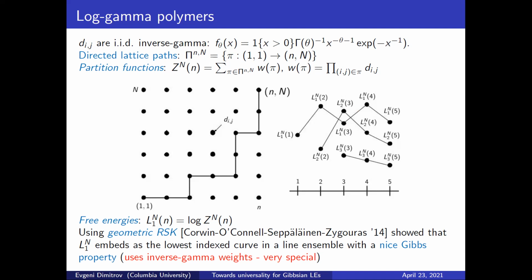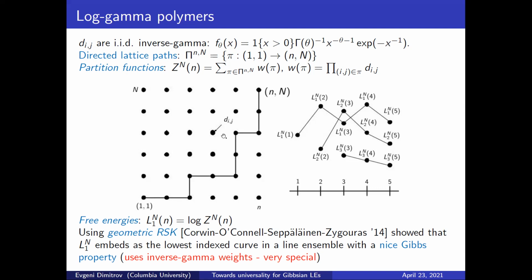Now, what's remarkable about this model is that this random continuous function embeds as the lowest index curve of a line ensemble that has a nice Gibbs property. I'll explain in the next slide what I mean by nice. But what I want to mention here is that this is a result of a very nice paper by Corwin, O'Connell, Seppäläinen, and Zygouras, and it's a consequence of applying the geometric RSK correspondence to this array of IID inverse gammas.